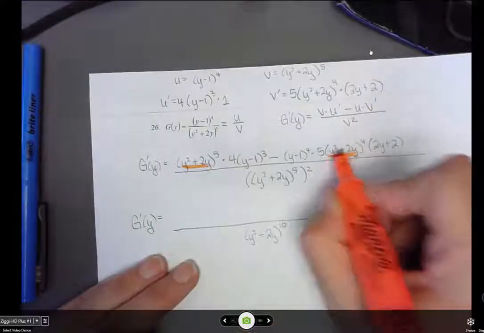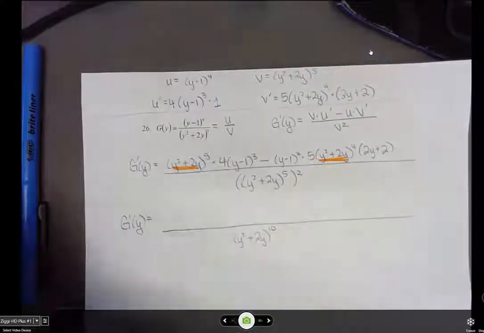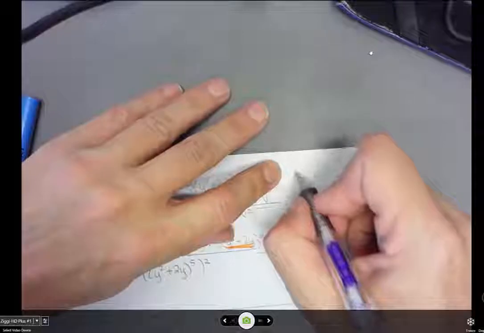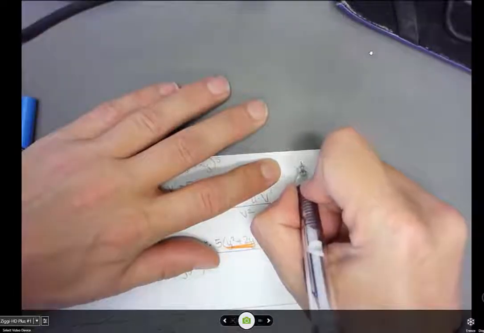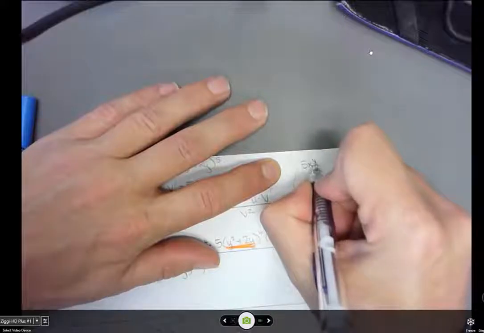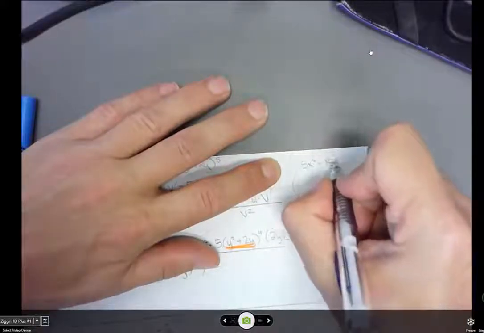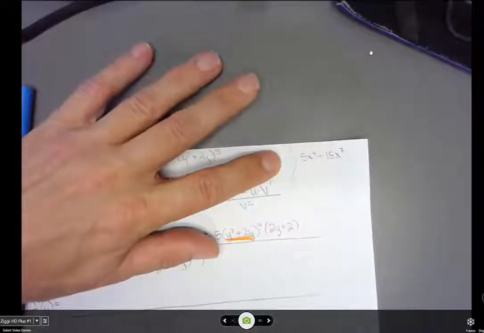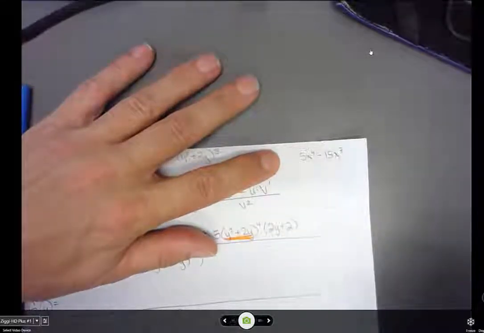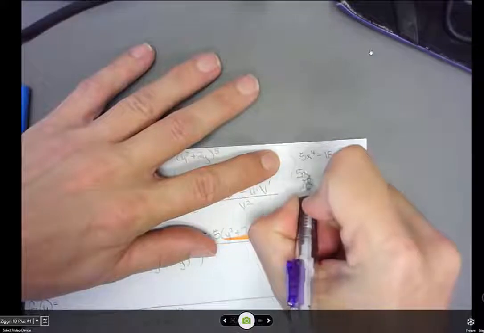Let's think about an easy algebra problem first. What if I gave you 5x to the 4th minus 15x to the 7th, and I said factor that. So think about, what could you factor out in front? Well, they have a 5 in common, and then what power of x would you factor out?